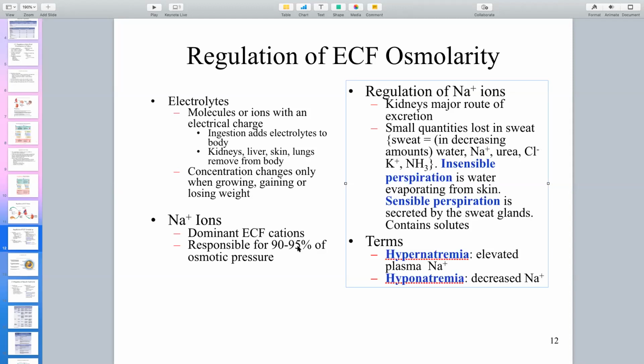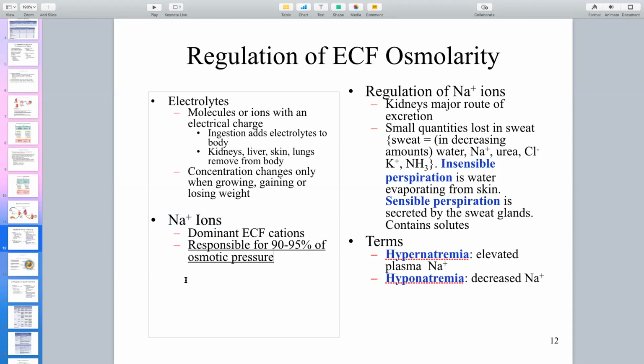Sodium ions responsible, there's a big one right here. So highlight this one, right? Sodium, and I will have you guys just underline it, responsible for 90 to 95% of osmotic pressure. So most of the draw of water in one region to another is due to sodium.